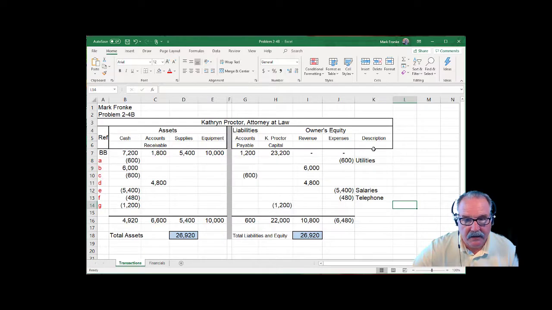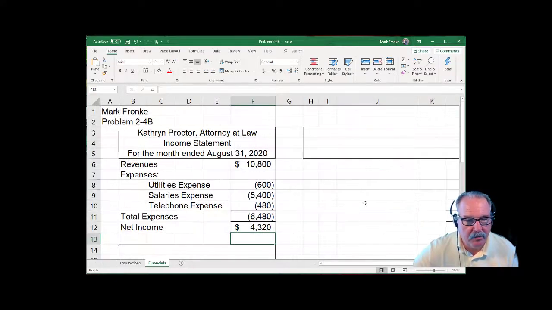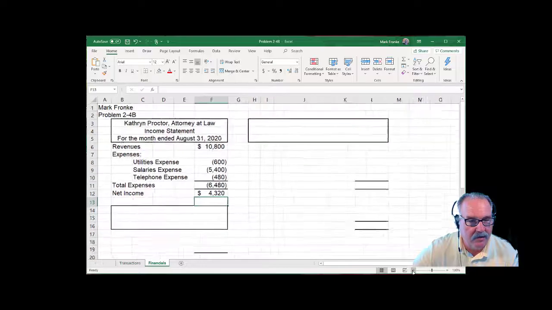I always show the expenses as negative over here, and so I'm doing that on the financials. However you want to do it, your book is going to show them as positive, and then they subtract, but you get the idea. Okay, so that's first. Then we can prepare a statement of owner's equity.